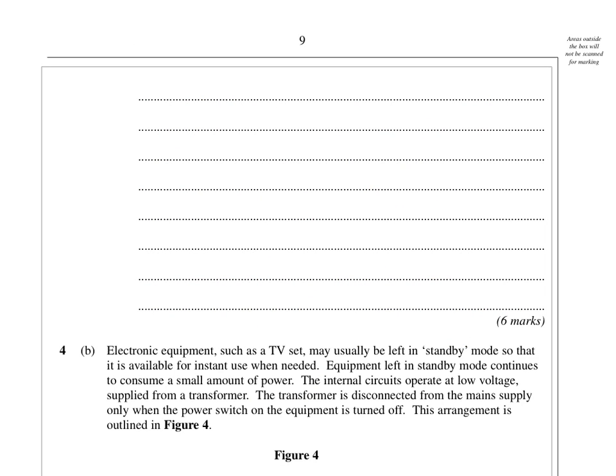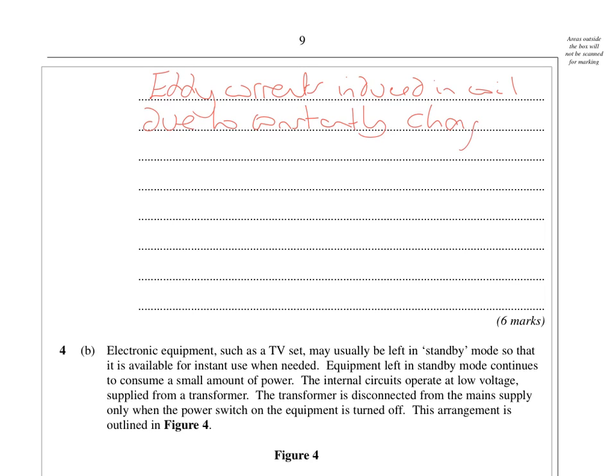They only asked for two, but I'll talk about a few more. Eddy currents are induced in the core due to the constantly changing magnetic field, so eventually got induction. Sorry, my handwriting's getting a bit messy. Laminate.